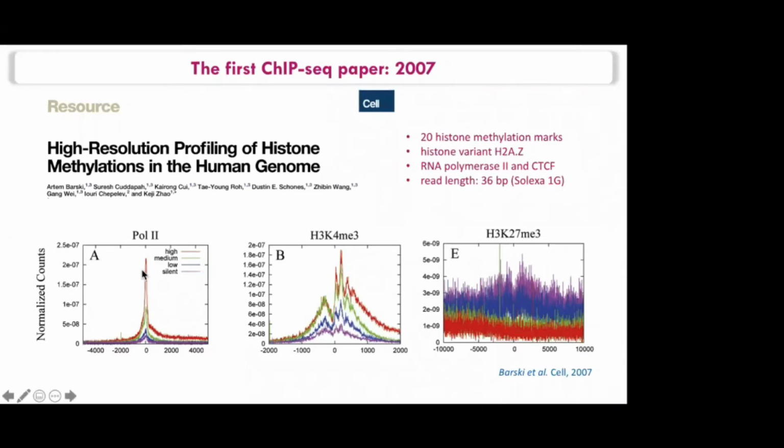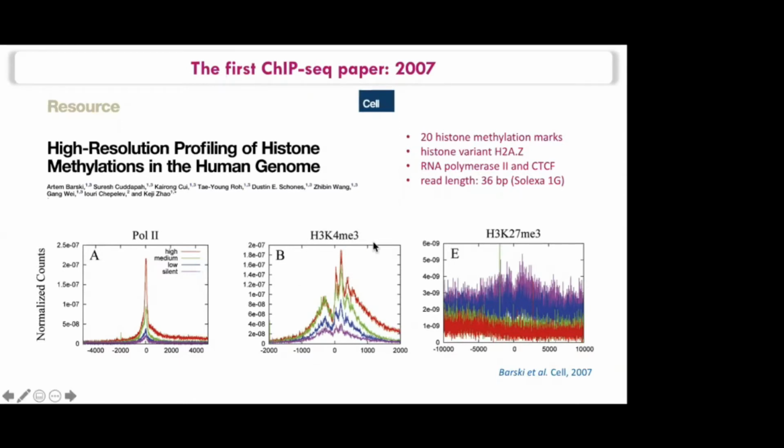As expected, you would see a high level of Pol2 occupancy at highly active genes and really low occupancy at silent genes. That was a bit surprising because you would expect there would be no Pol2 at silent genes, but as we'll discuss later, there are some genes which are kind of primed or poised for activation.